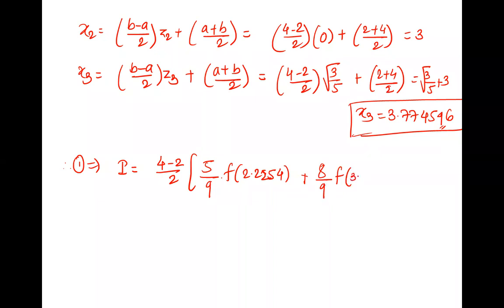X2 is 3. Plus W3, again 5 by 9, into f of x3. 3.774596. What is the function? X raised to 4 plus 1. So first f of x is this. You can take this on calculator.